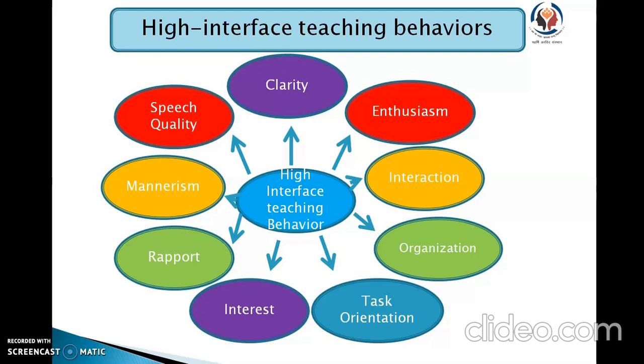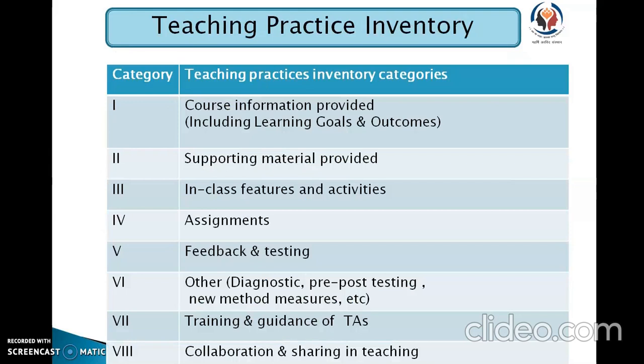Now we talk about the teaching practice inventory that was suggested by Carl Edwin Weiman. He suggested practice inventories in teaching that are divided into 8 subcategories. First, course information provided to students, including learning goals and outcomes. Second, supporting material provided.